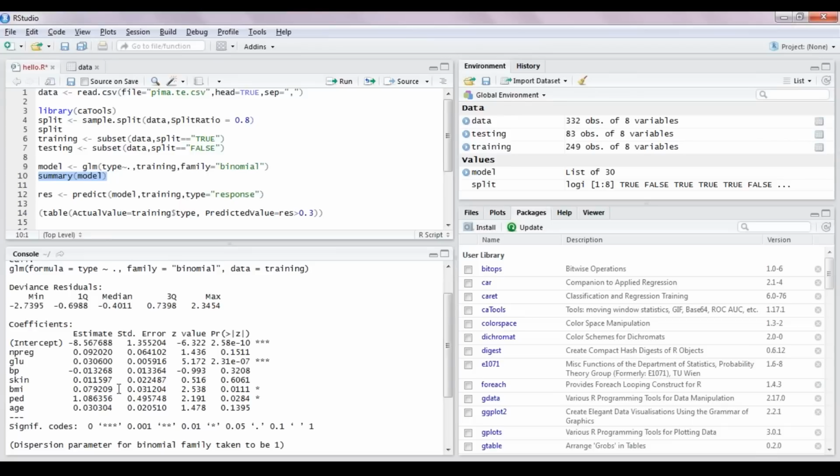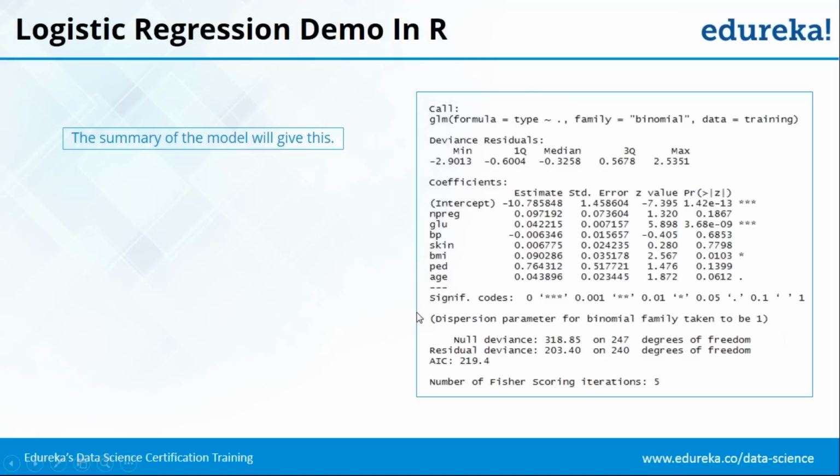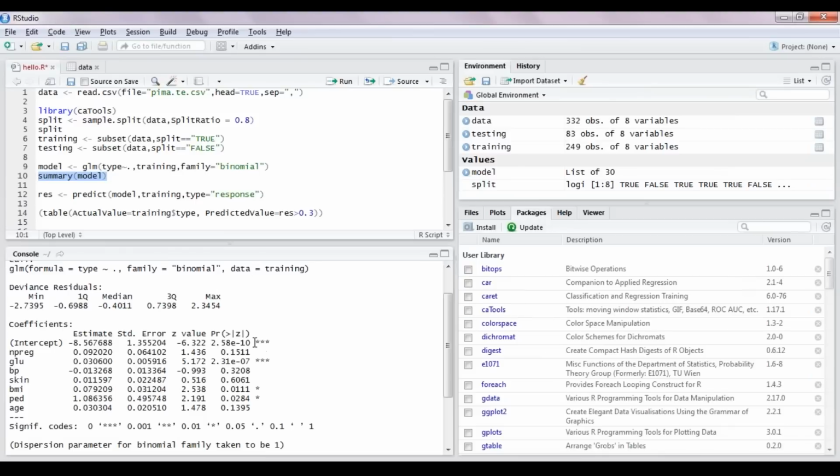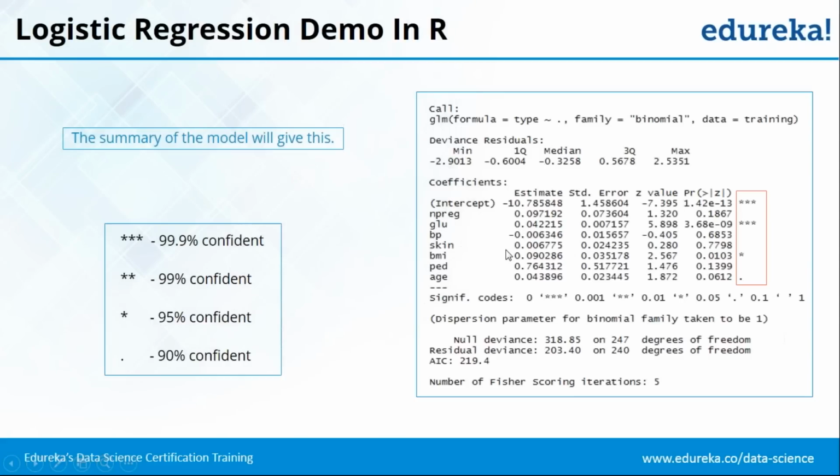The next thing you should focus on is this, the significance code that R provides you with. It tells you how significant that particular independent variable is. In our summary we have got these significance codes, which specify how significant your data is.